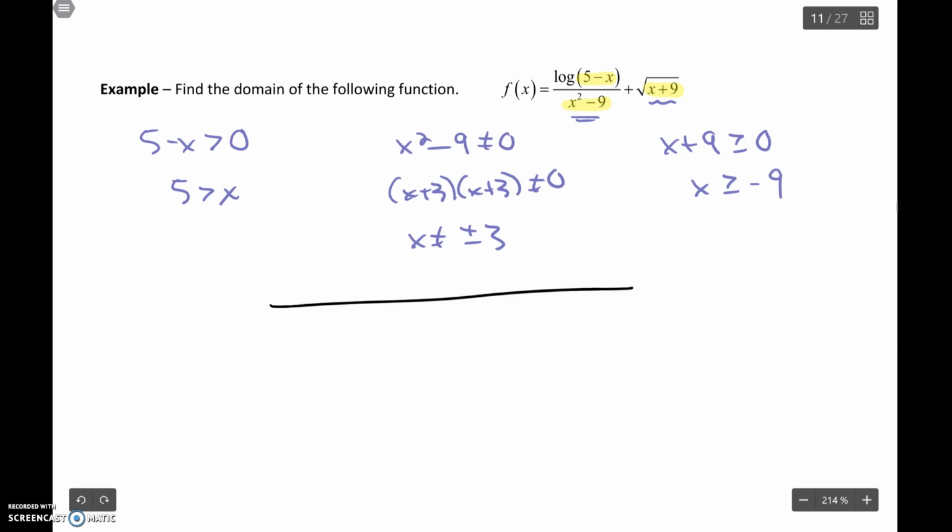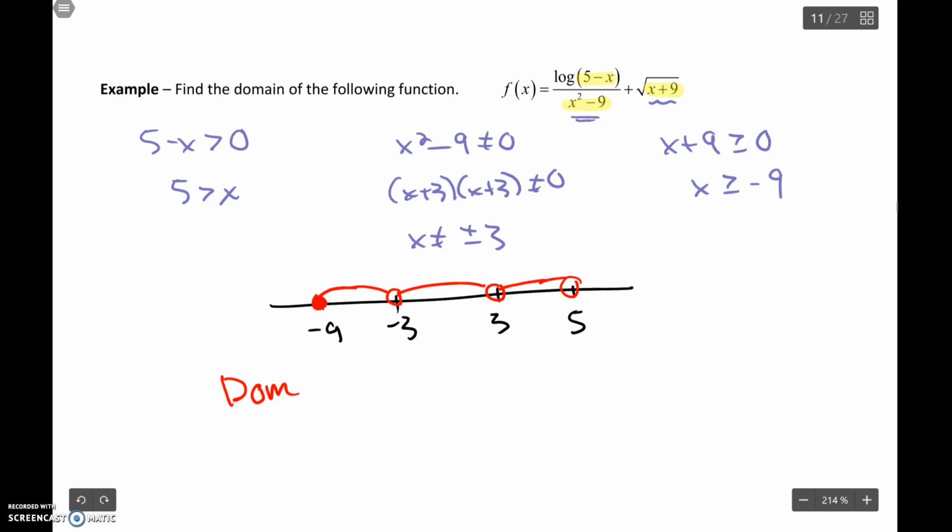So if we put those 3 things together, on one hand, x has got to be less than 5, not equal to 5. And x has got to be equal to negative 9 or bigger than negative 9. And it can't equal these. So those are the values that x can be.